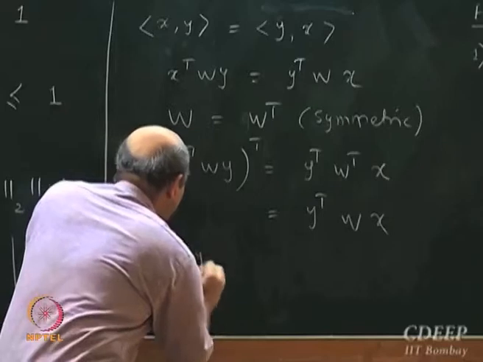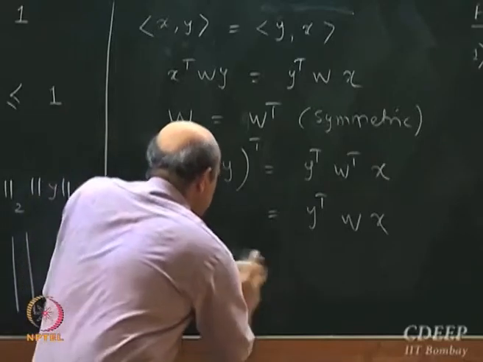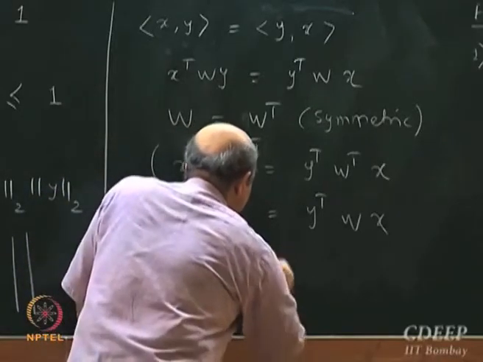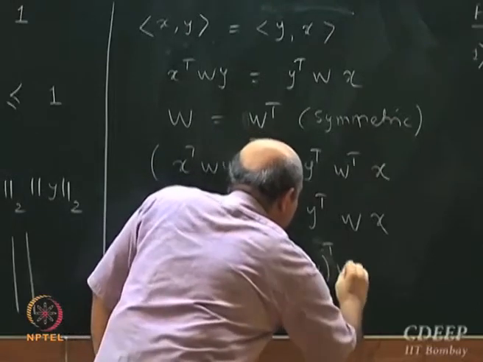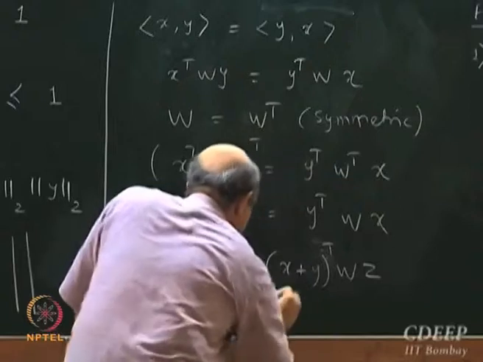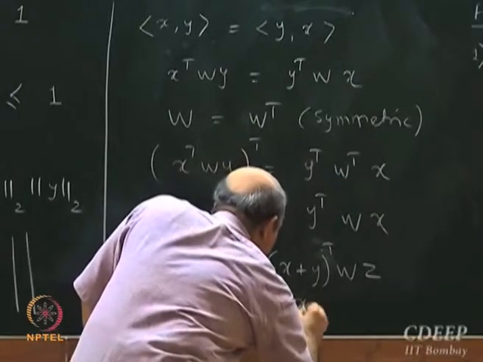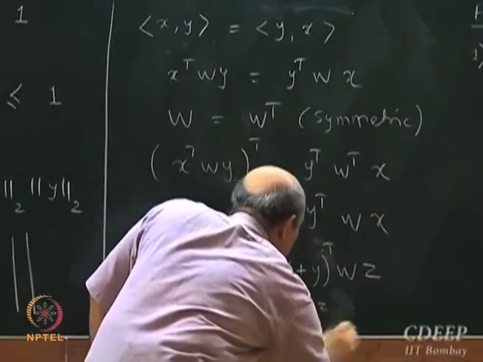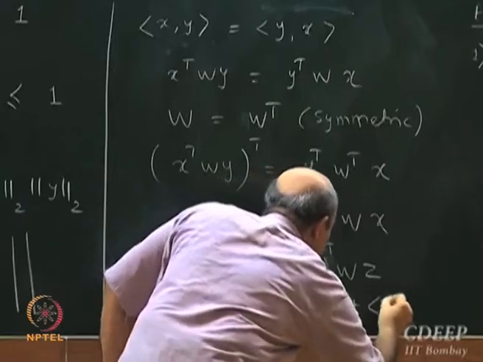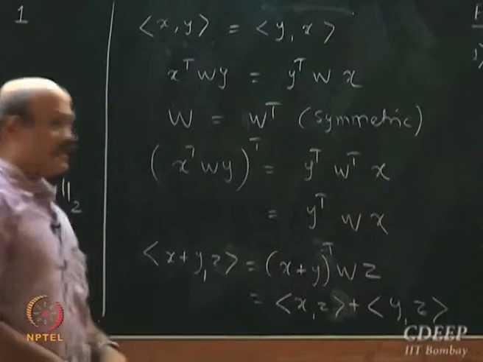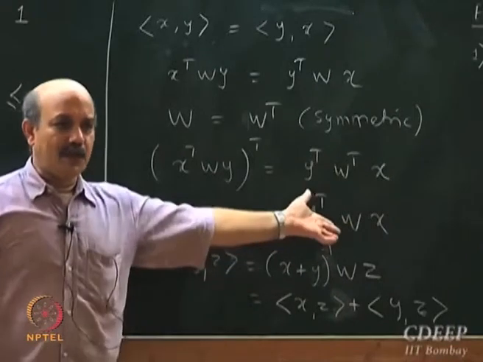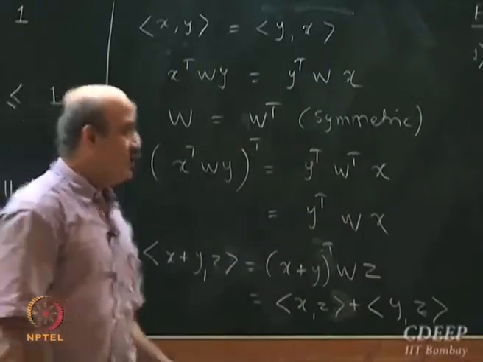X plus Y, Z is equal to X plus Y transpose W Z, which is nothing but XZ plus YZ. I think it just follows, very simple. What is the third thing?